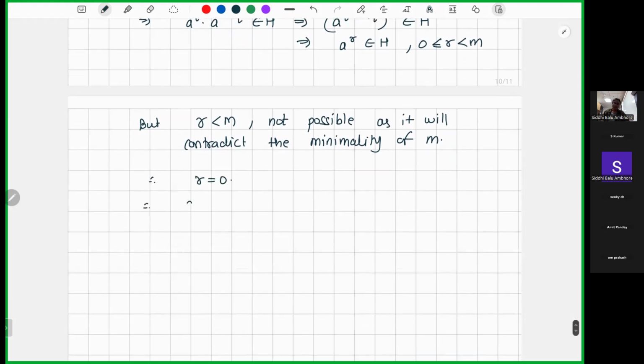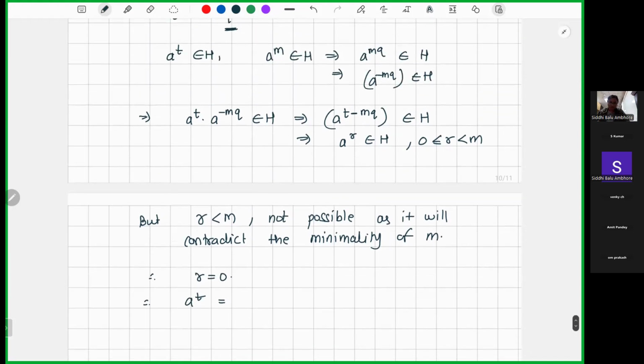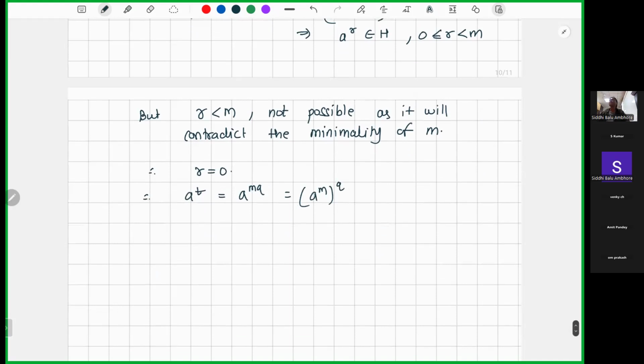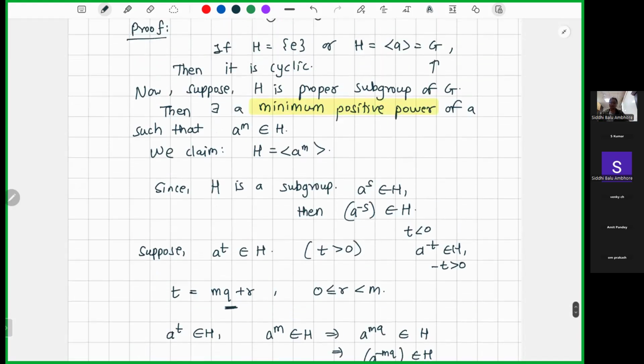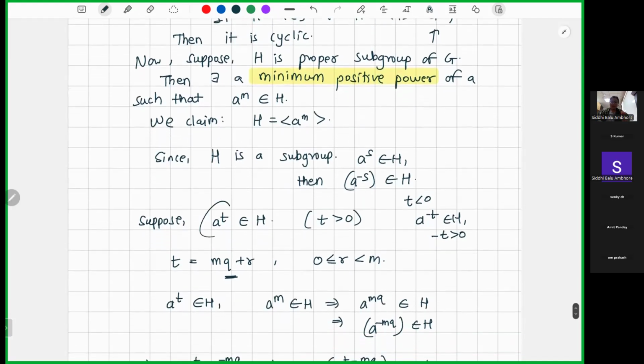So this implies A power T is actually A power M into Q. And this A power T in H was arbitrary. Therefore H is generated by A power M. Why can we say that A power T belongs to H?